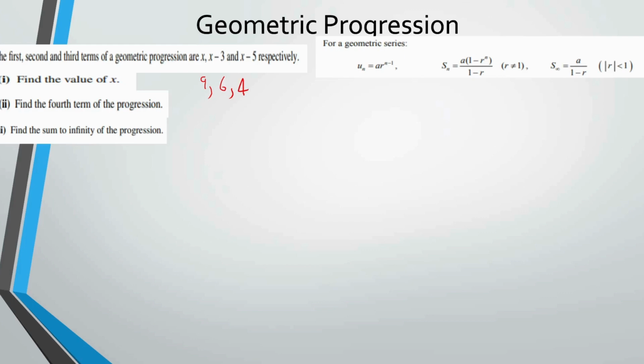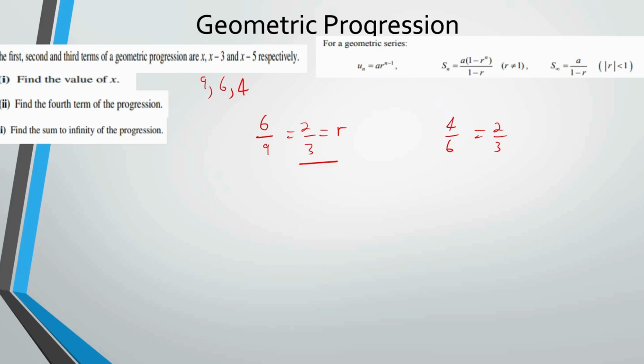So let's see, 6 over 9, or we can do 4 over 6, which is equivalent to 2 over 3. This is also equal to 2 over 3 if you divide both sides by 3. Alright, so we have our value for r.